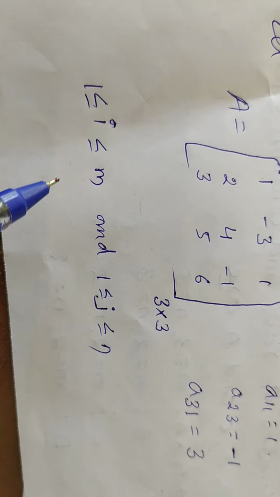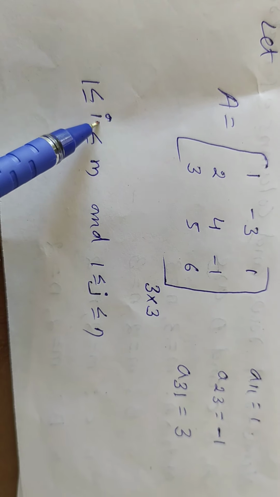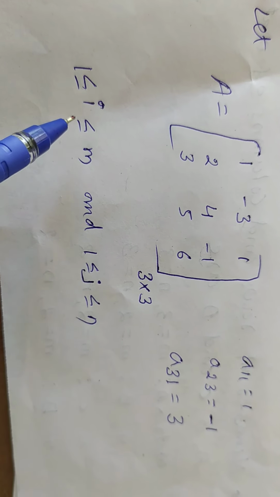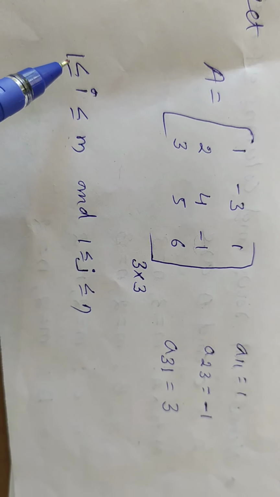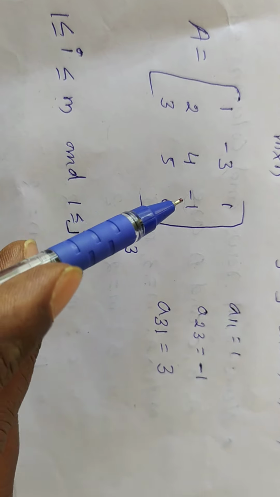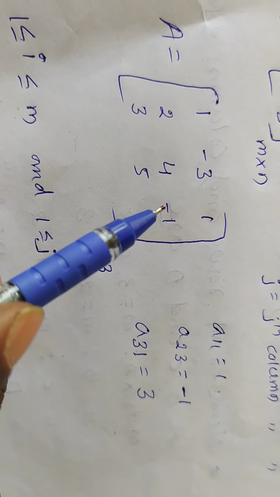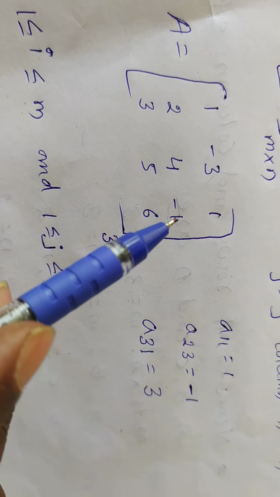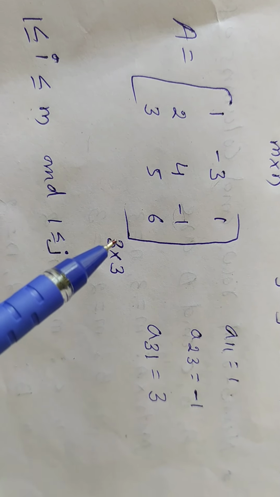Here i is greater than or equal to 1 and less than or equal to m. For example, take minus 1, it belongs to second row and third column, A23. Here i is 2, which is less than 3, because 3 is m.